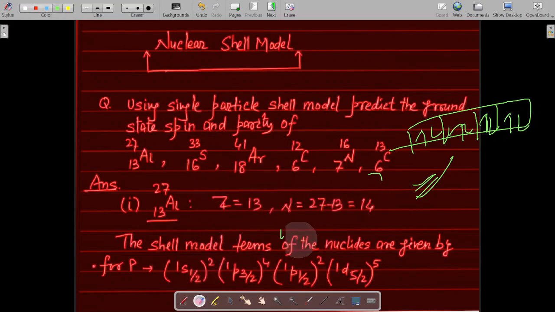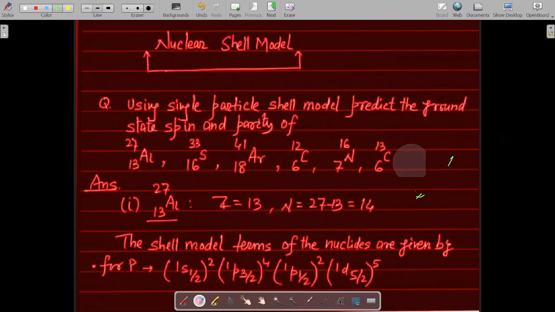The nuclear configuration should be written with respect to protons, so that the ground state spin and parity are found out. That's why we must write the nuclear configuration with respect to protons, as the number of protons is odd.